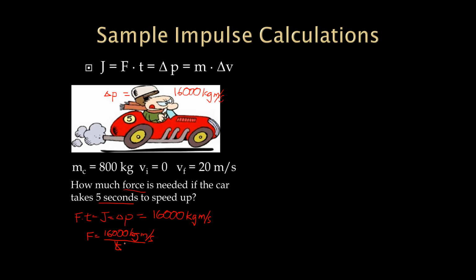I know that this is the same as 5 seconds. Let's do the math here. 16,000 divided by 5 is 3,200, and our unit for force is the Newton. And this is speeding up to the right, so this is going to be a positive value.